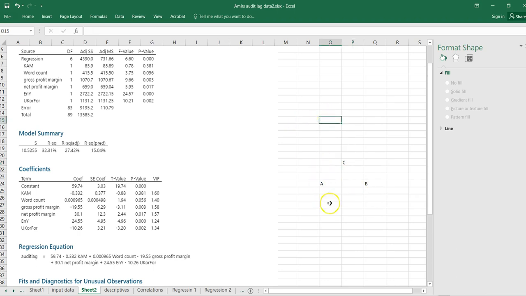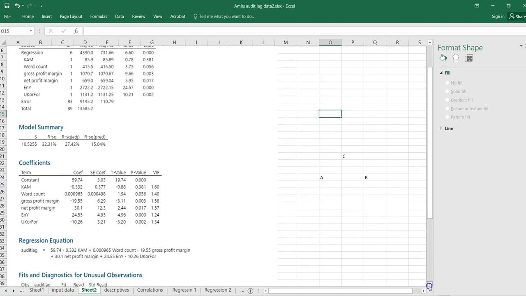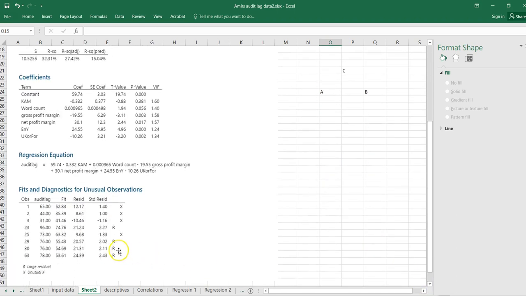Right, so the only other thing here is we've got our unusual observations here, the large residuals. So these are points that lie well off the line. And it may be that you're looking at a relationship and there are one or two that have very high deviation as measured by the residual.